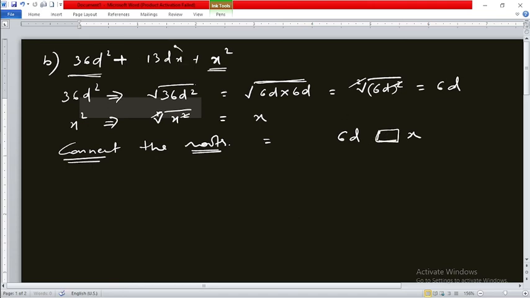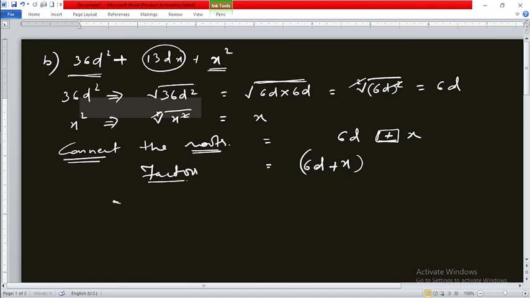This is the term which is left out, and the sign of this term is plus. So you will use plus here. It means one of the factors is 6d plus x. This is your first factor, only one factor.